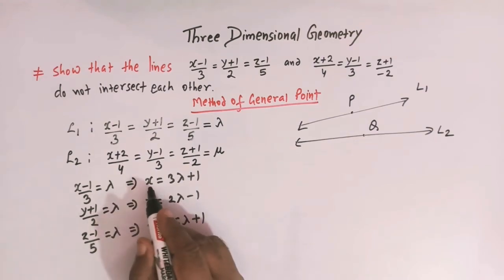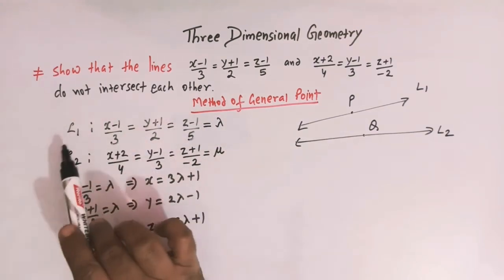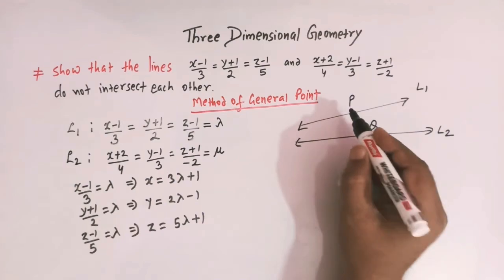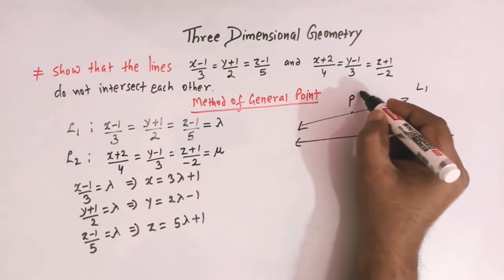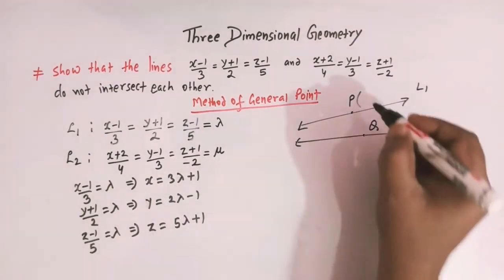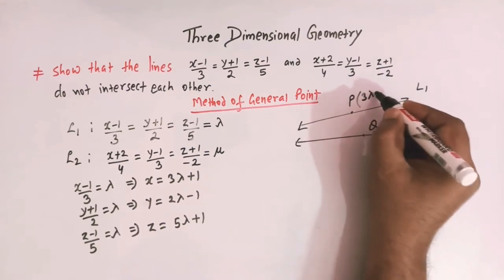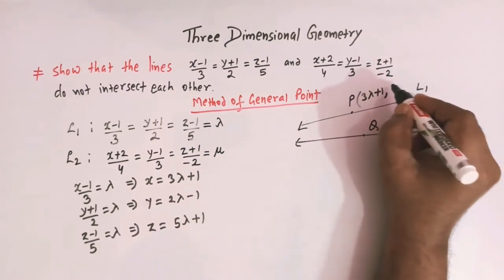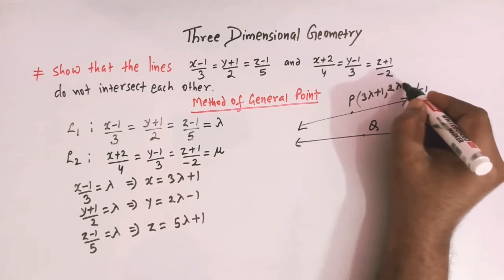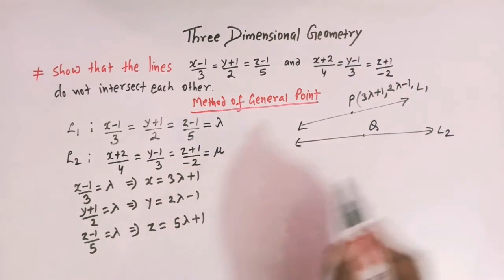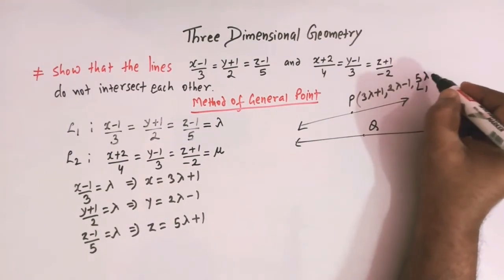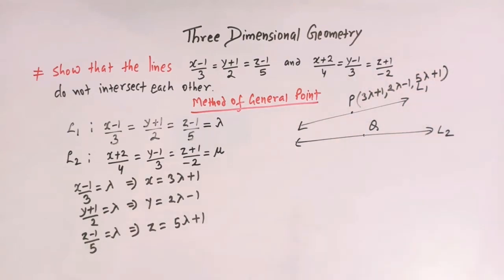So in line L1, the coordinates of the general point in terms of lambda are given by (3 lambda plus 1, 2 lambda minus 1, 5 lambda plus 1).